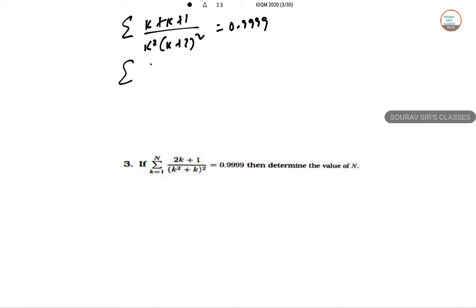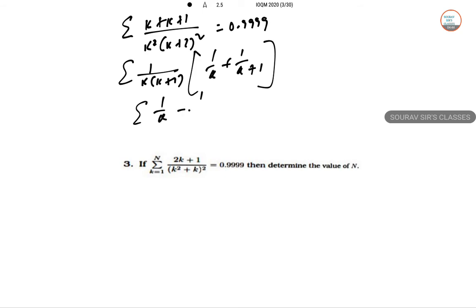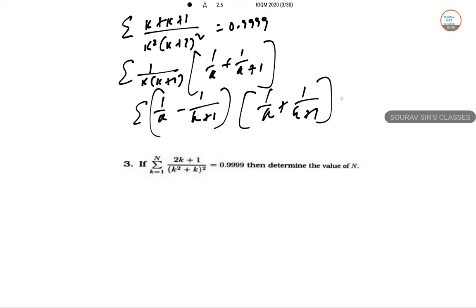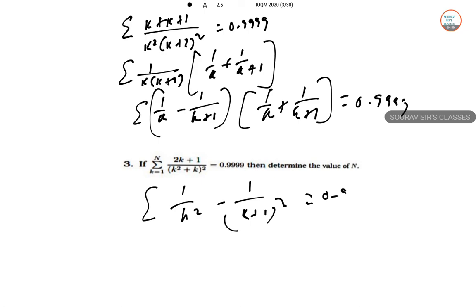So we can take 1 by k into k plus 1 common. So 1 by k square minus 1 by k plus 1 whole square, and then the summation telescopes.